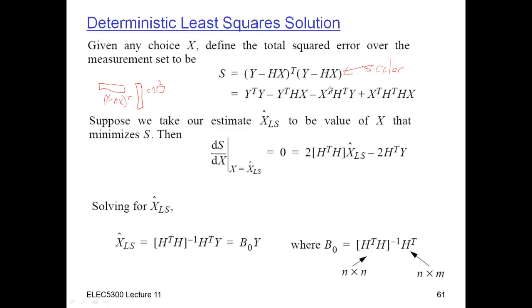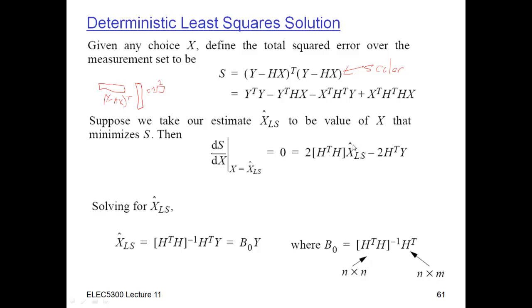If I differentiate this one with respect to x, I'm just going to get H transpose y. I'm going to get the same thing from the other term, because this is just a scalar and these two are transposes of each other. So I'm going to get two of these, so minus 2 H transpose y. And when I differentiate this, it's just like H squared times x squared, so I'm going to get 2 H squared x.